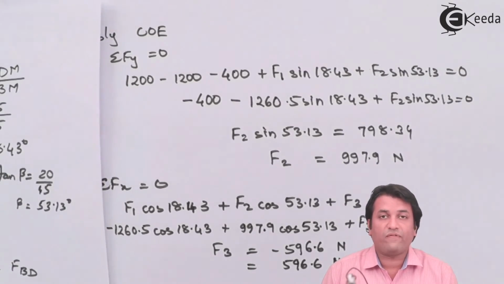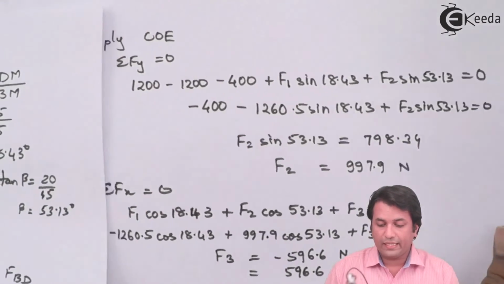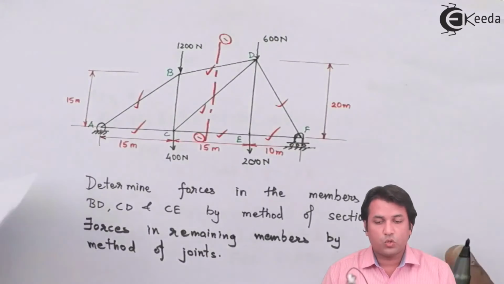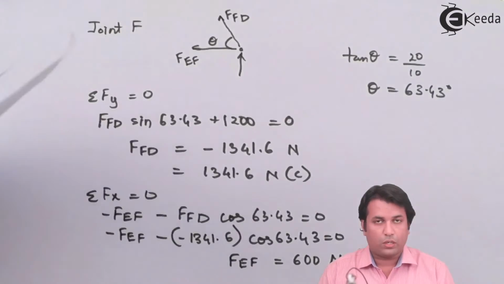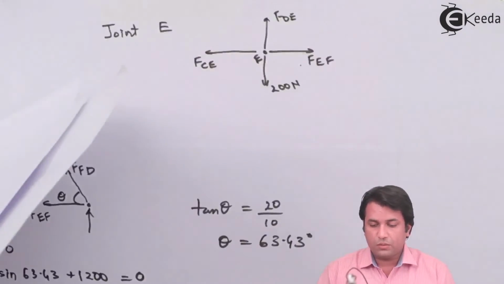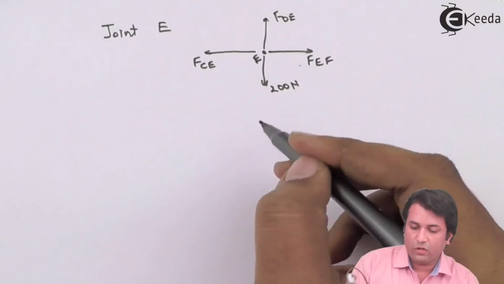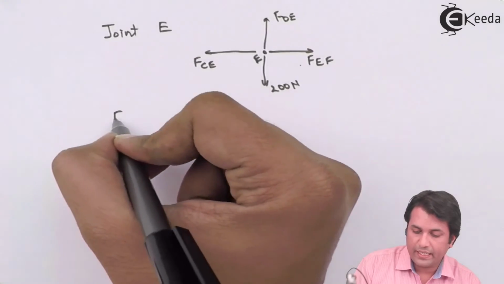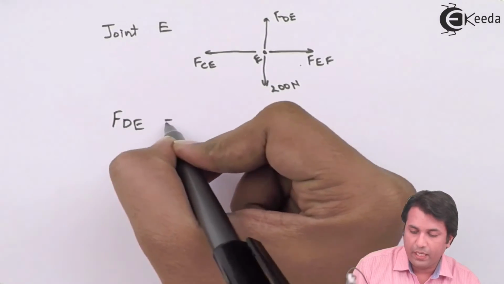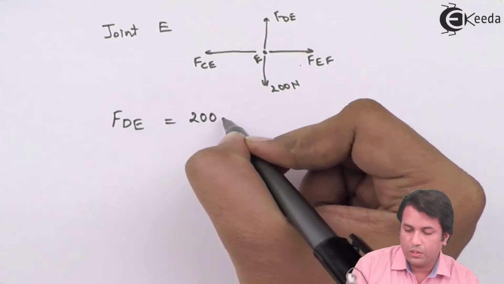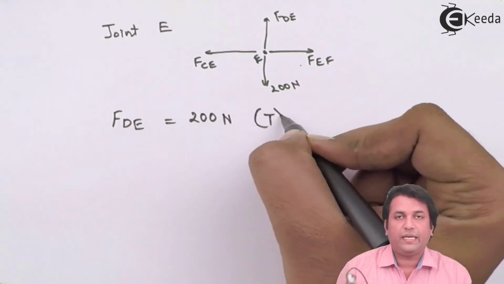So that means the value that I have got as 600 newtons is very much close to what I have got. Now, I'll move on to the next part. If I solve for this, I can directly state that DE will be 200 newtons tensile.